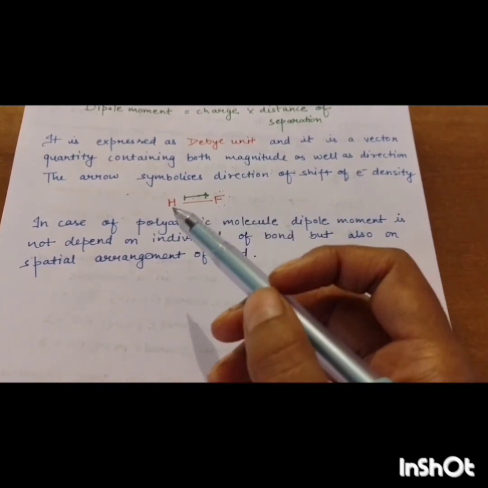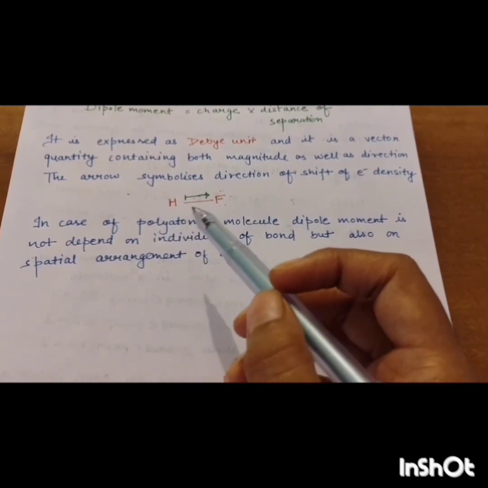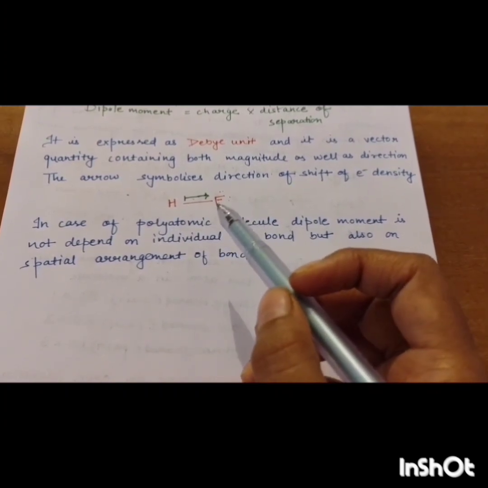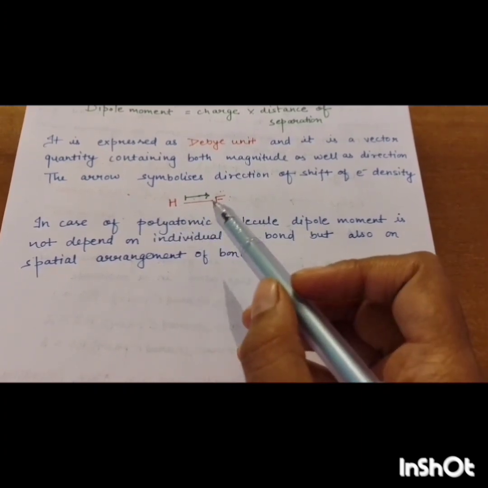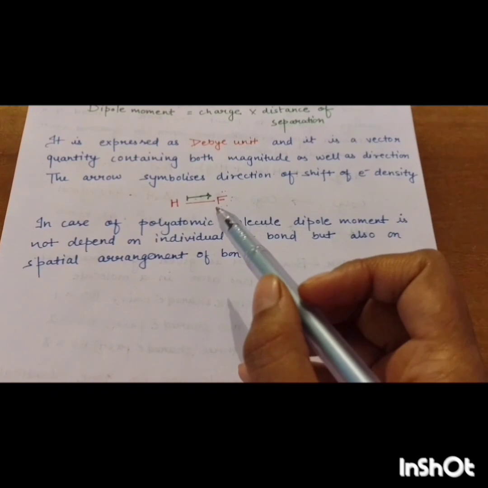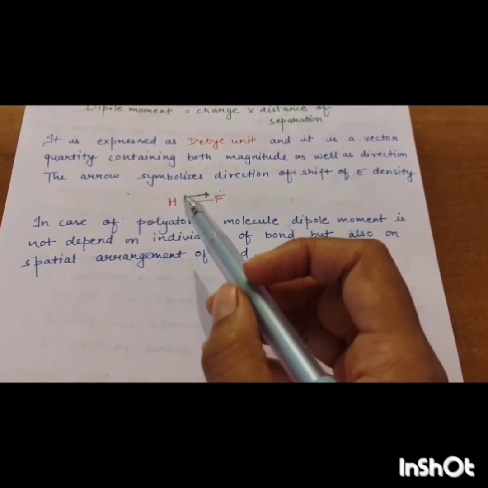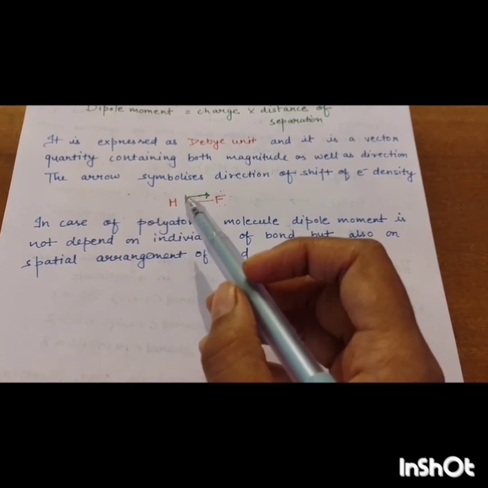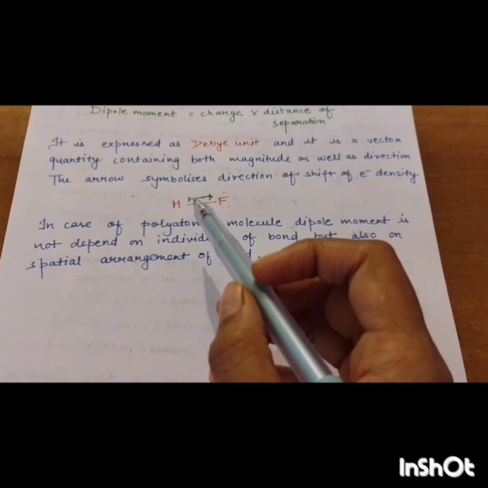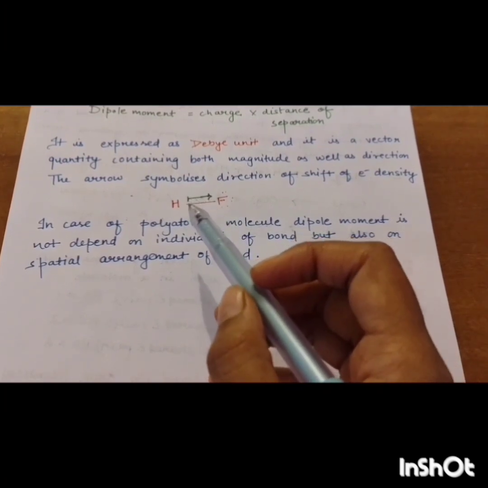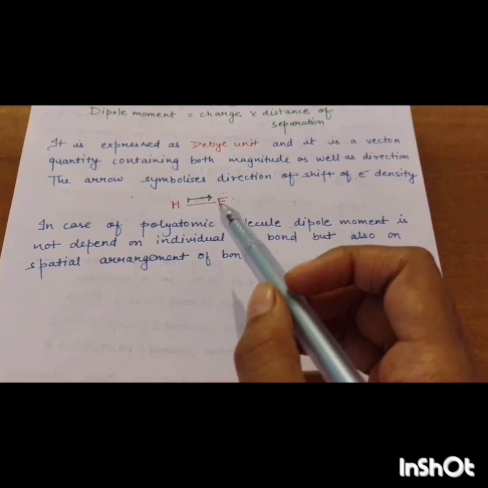If we take the example of hydrogen and fluorine, fluorine is more electronegative than hydrogen, so the electrons move towards the fluorine. So the shift of electron density from hydrogen to fluorine is represented by an arrow. This is the representation of dipole moment in a molecule.